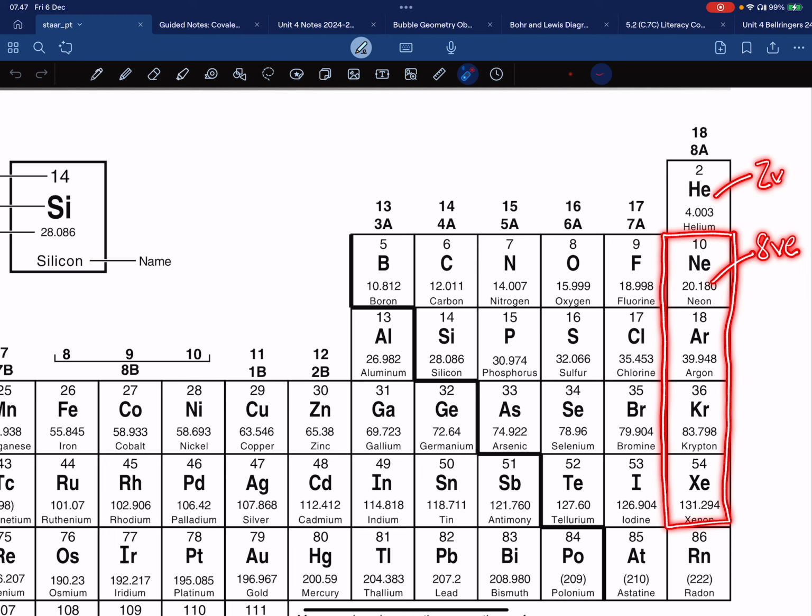Covalent bonds are formed between nonmetals when valence electrons, and that's important, are shared, again important, to form a noble gas configuration.